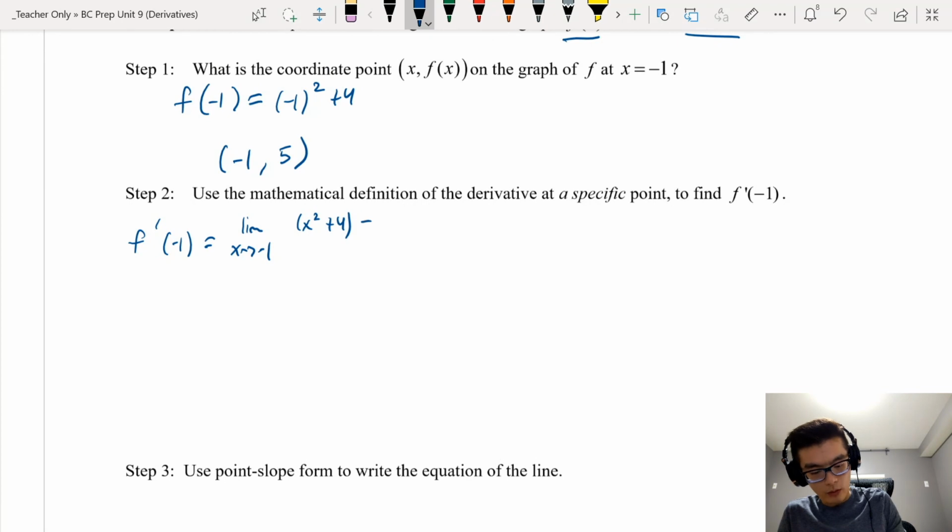Minus f of c, or f of -1, which we already found out right here. It's 5. Divided by x minus the x value, which was found here. That's the x value that we just did. And so let's go ahead and do that. Oh, whoops. It's going to be minus -1. Simplify it out just to make things a little bit easier for us to read through.